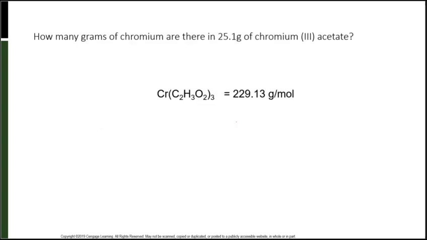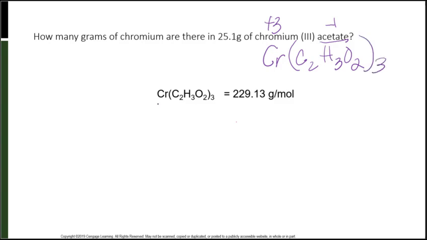Here's another problem, and I love it when problems do this. How many grams of chromium are there in 25.1 grams of chromium-3 acetate? So normally we would have to go, okay, chromium is Cr, this 3 is a +3. Look at your polyatomic ion sheet, figure out what acetate is, C2H3O2 with a -1 charge, so that'd be Cr1, and then acetate 3.